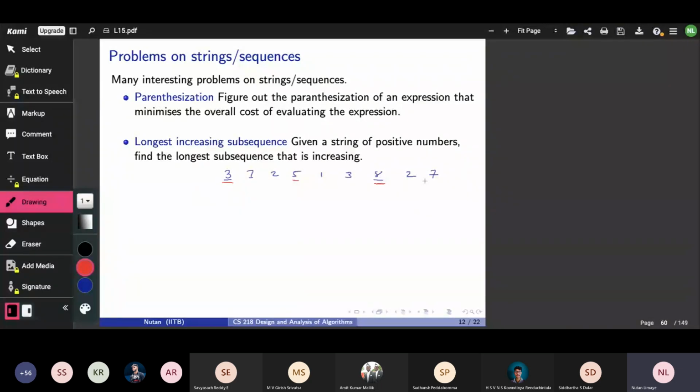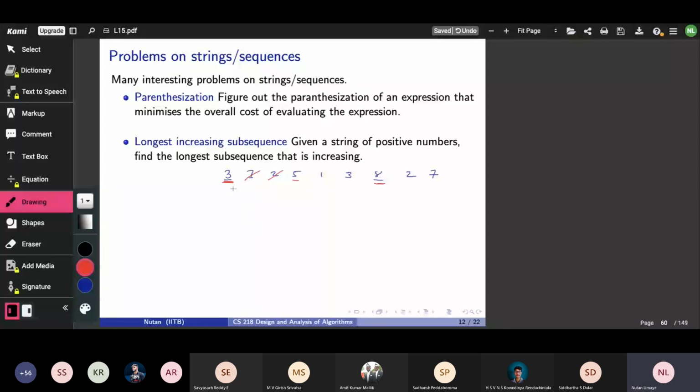But in order to do this, you can imagine that the kind of possibilities that may arise could be exponential if I try to do this naively. For example, whether to include 3 or not are two possible choices. Having included 3, some numbers just get discarded.